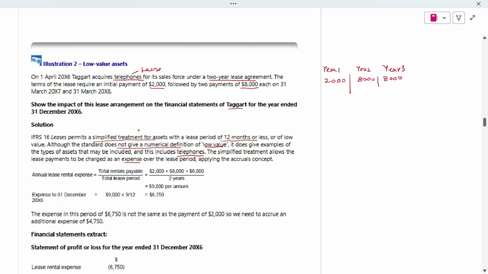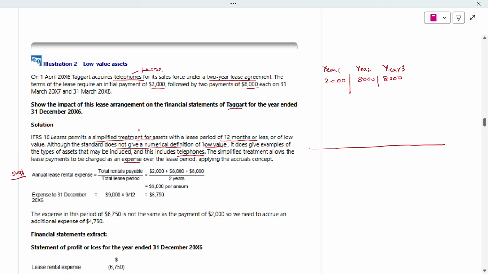Now, you have to divide it on an equal basis. Total rent payable, this is step one. Total rent 2,000, 8,000, 8,000 over 2 years means how much will be there? 9,000 per annum. Now, what they have said about when they acquired is very important.